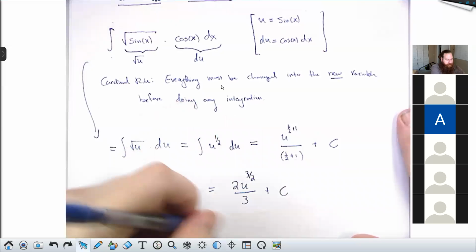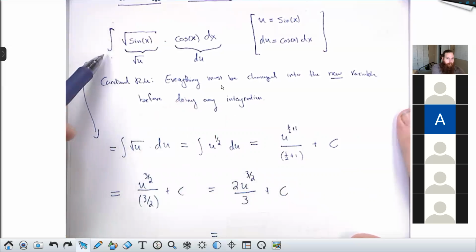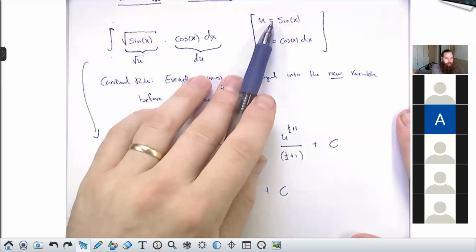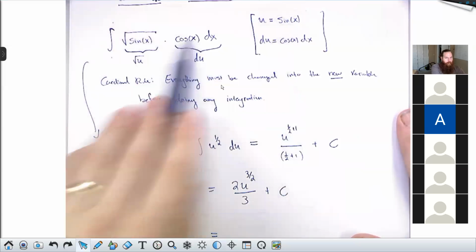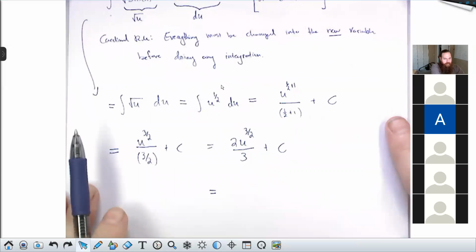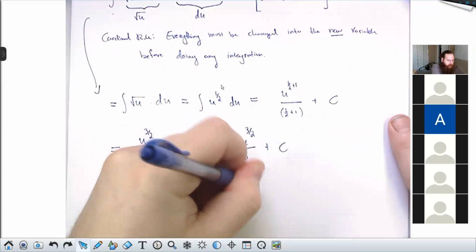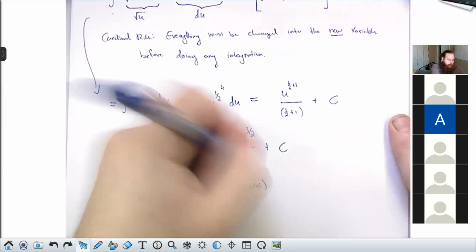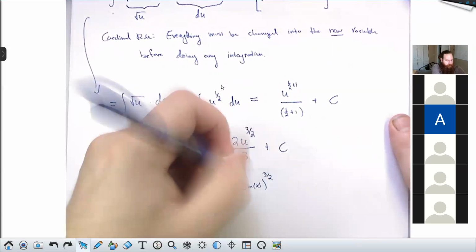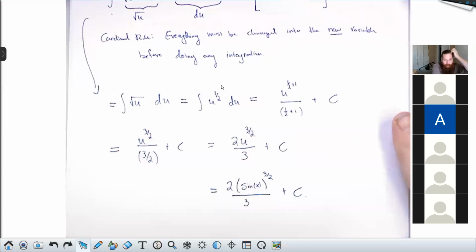And then finally, because it is an indefinite integral, no bounds, I have to go back to my original variable. If somebody asked me a question about x's and I gave them this answer, they would be like, what the hell is u? Oh, okay, u was sine of x. So this is 2 times the sine of x raised to the 3/2 power all over 3 plus a constant.